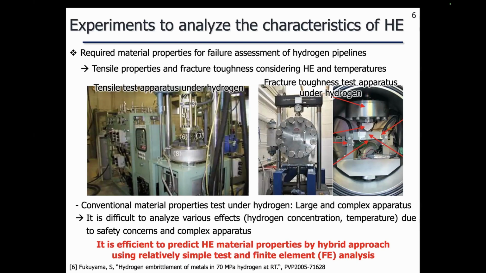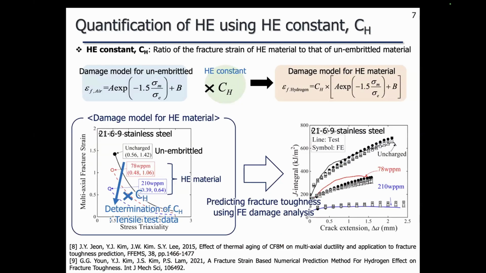Therefore, it could be efficient to predict hydrogen embrittled material properties by using a hybrid approach, which combines relatively simple tests and finite element analysis. In our previous study, the hydrogen embrittlement constant CH was introduced to simulate the behavior of hydrogen embrittled materials.